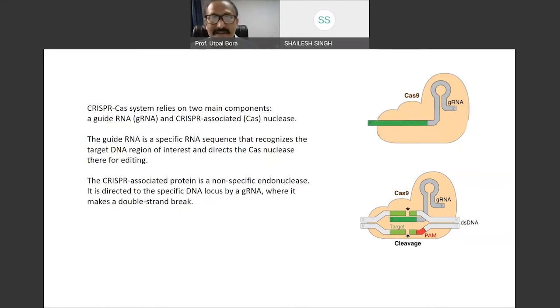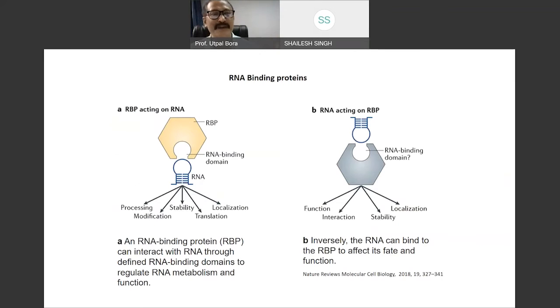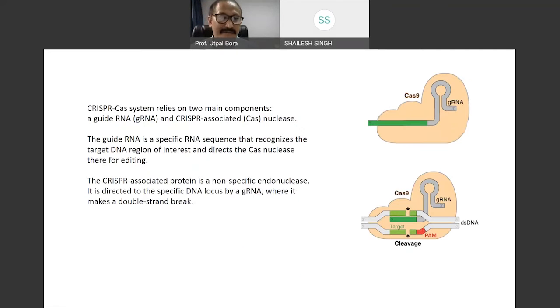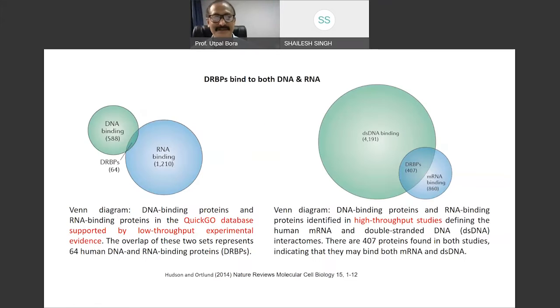So this is just to illustrate this particular point B. What happens when RNA acts on an RNA binding protein? Something magical happens, and this is a tool which won the Nobel Prize last year. So I leave it to the next speaker to tell you about this very interesting topic. Let me go on with the basic fundamentals of this discussion.